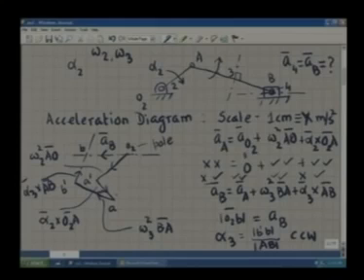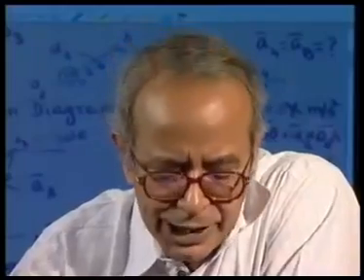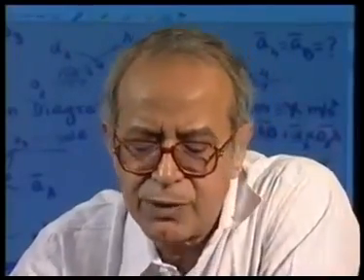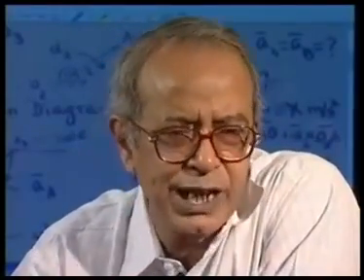So, this vector O2a represents the acceleration of the point capital A. And if I join small b with the pole of the diagram O2, that is O2b, it represents the acceleration of the point capital B. If we maintain this convention, then it will be very easy, particularly when things get a little more complicated and there are too many vectors, to determine the velocity of a particular point of the mechanism. I just locate the corresponding small letter in the velocity or acceleration diagram and join that with the pole to determine the velocity or acceleration of that particular point.